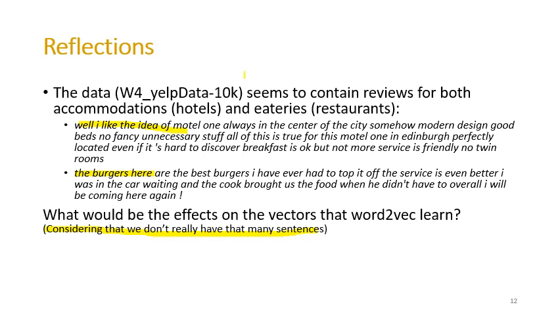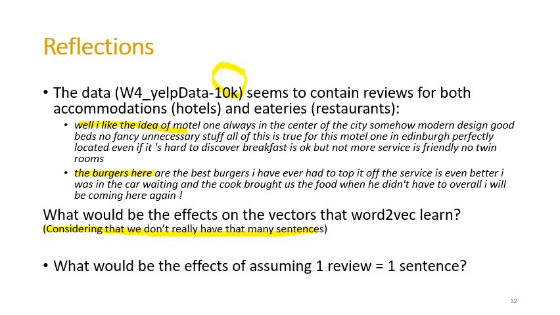Even 10,000 is kind of small actually. So we have a small number of sentences, and furthermore in that small number of sentences, they are coming from different topics or different domains. Some about the hotels, some about the restaurants. What would be the effects on the vectors that we learn? Okay, so that's the first question.